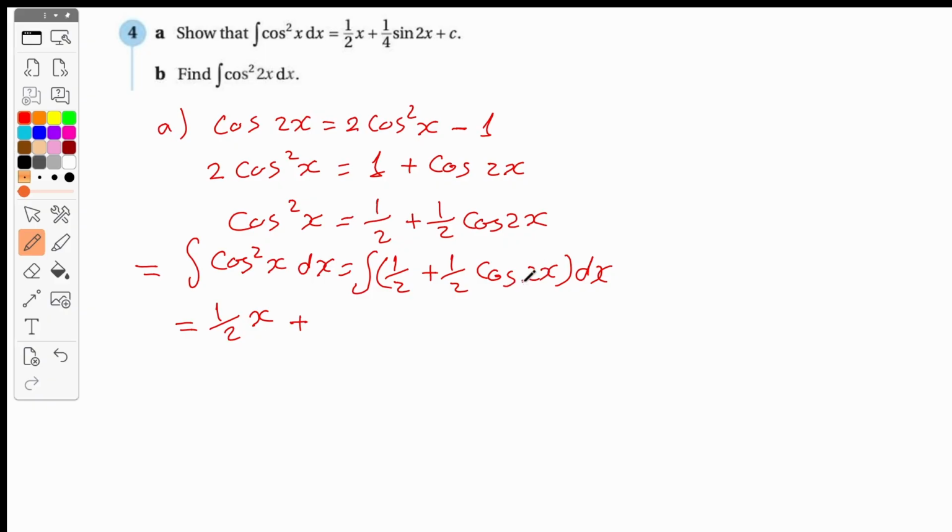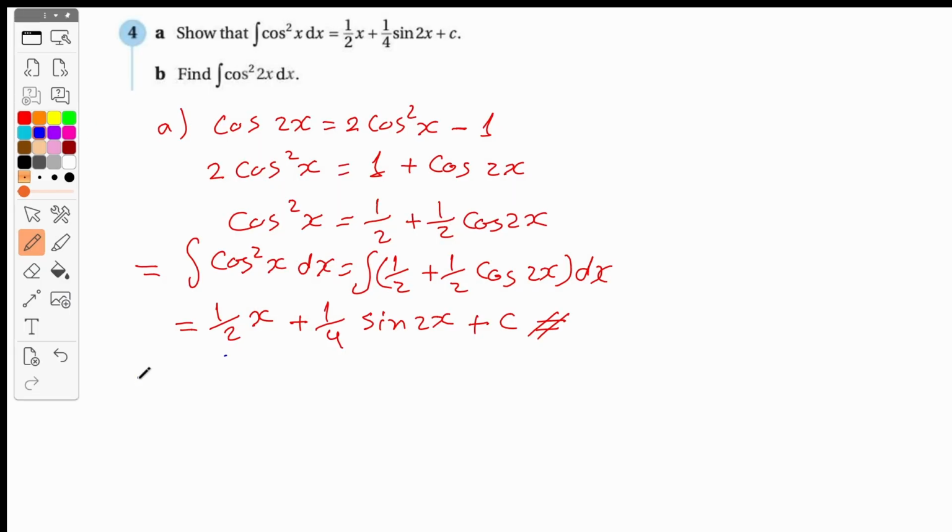Because of this 2, we have to divide by 2, so half divided by 2 will be quarter sine 2x plus c. And this is what is required. The left-hand side has the integral of cosine squared x dx, and the right-hand side is half x plus quarter sine 2x plus c. Now we have finished proving this question.